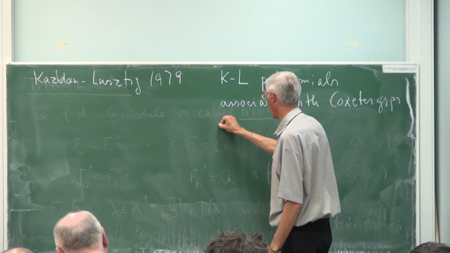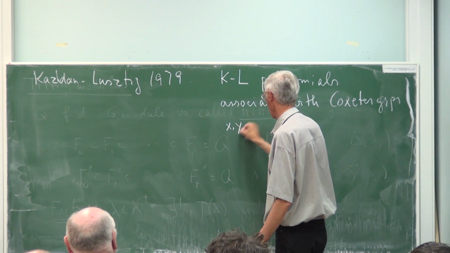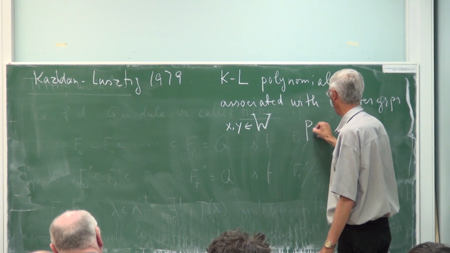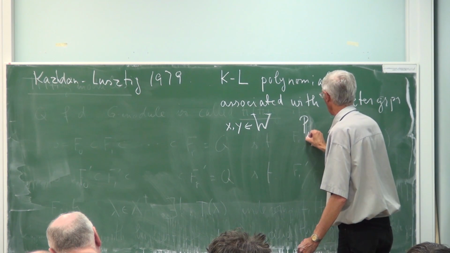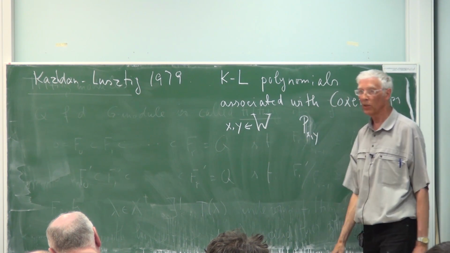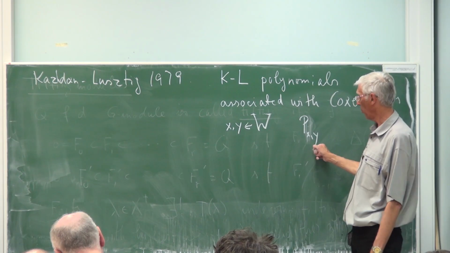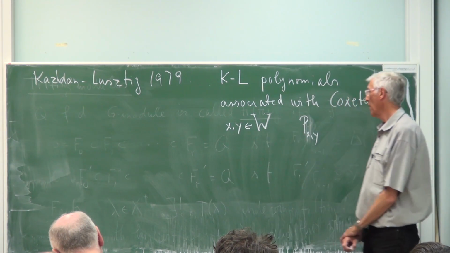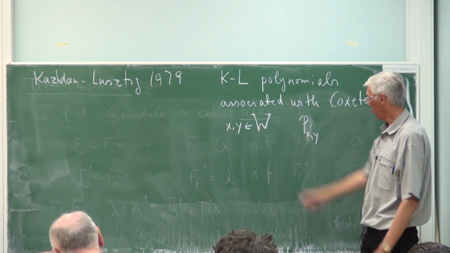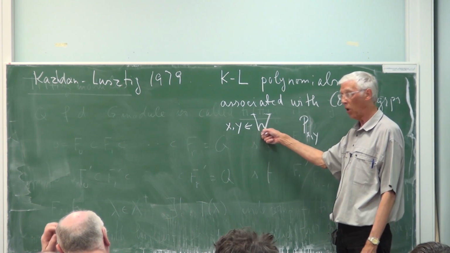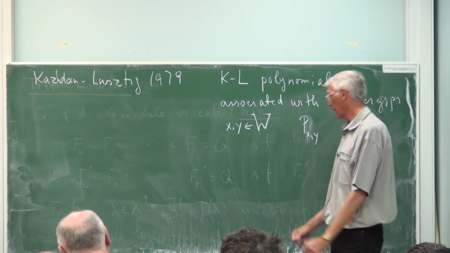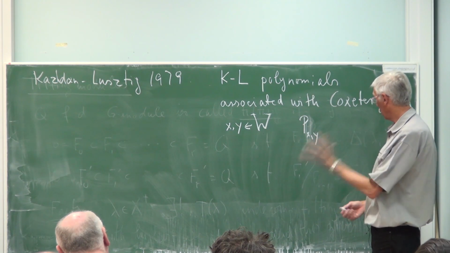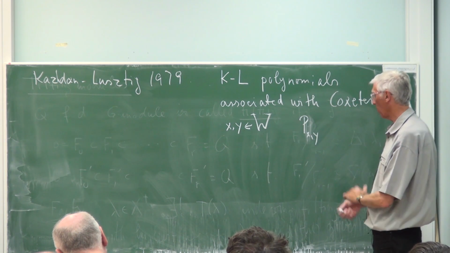So whenever I have two elements x and y in a Coxeter group W, they construct for me a polynomial denoted P_xy, the Kazhdan-Lusztig polynomial associated to this pair. So for instance, W could be the symmetric group on n letters, say, and it could also be the affine Weyl group corresponding to this.